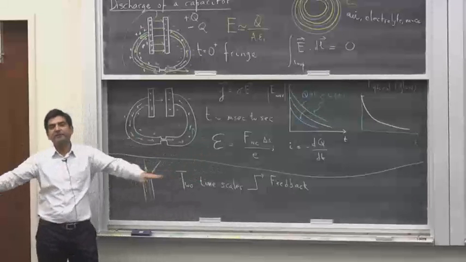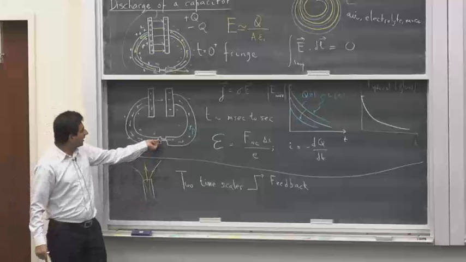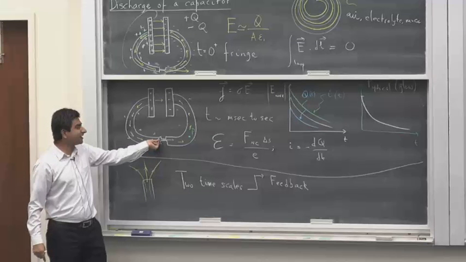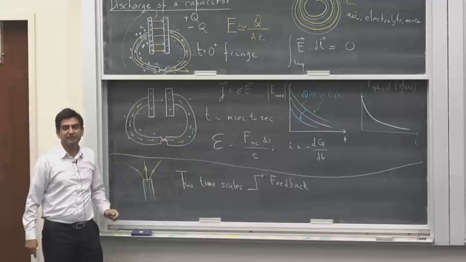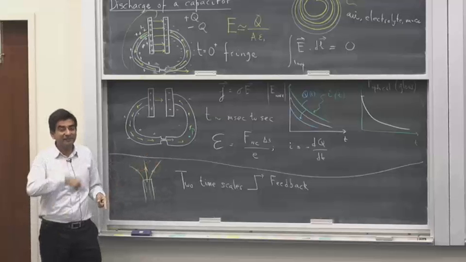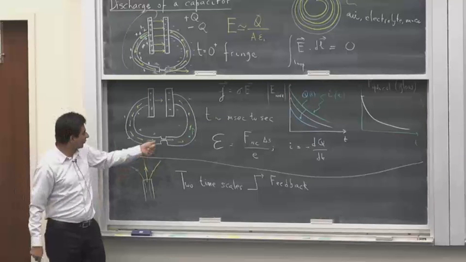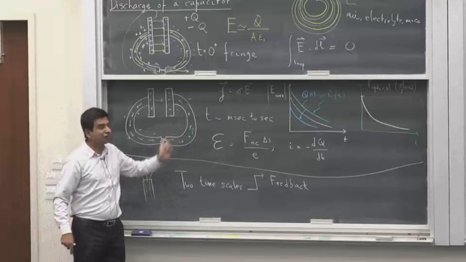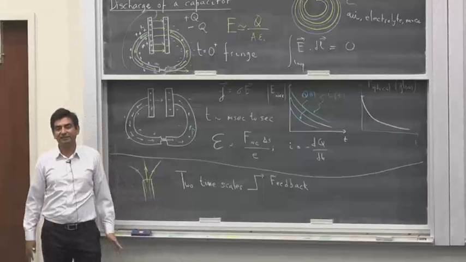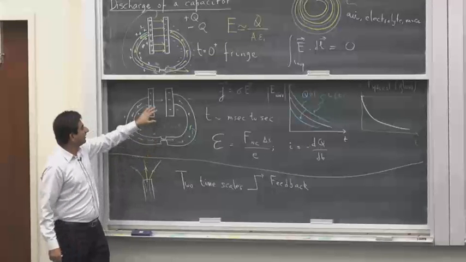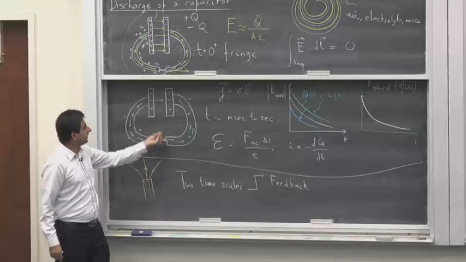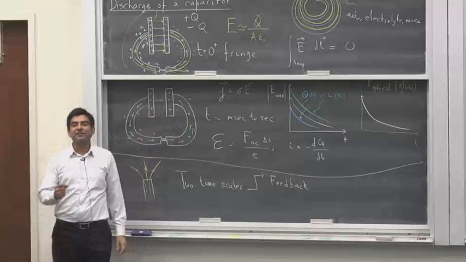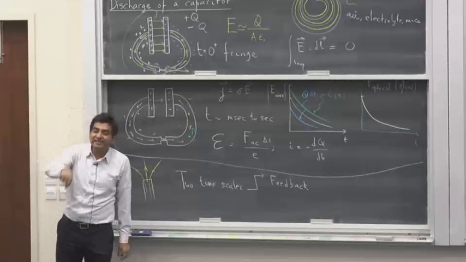So an electron inside the sea just has to respond to local electric fields, and the electric fields are set up with the speed of light. So information is available all throughout the circuit instantaneously. So if you connect a bulb here to a charged capacitor, it will start glowing instantaneously.